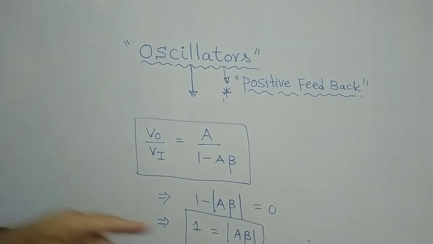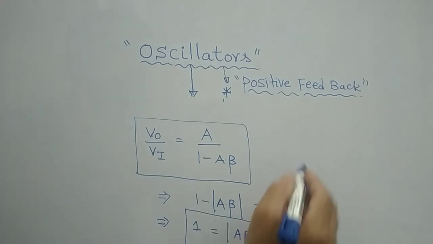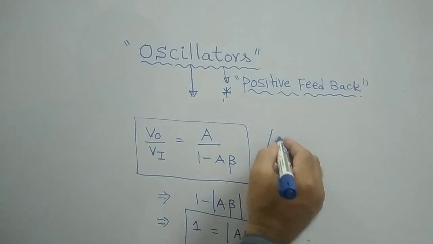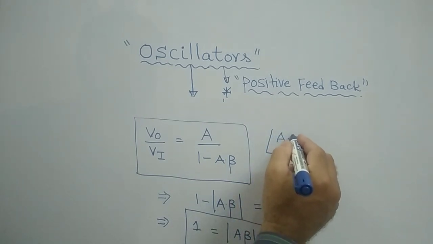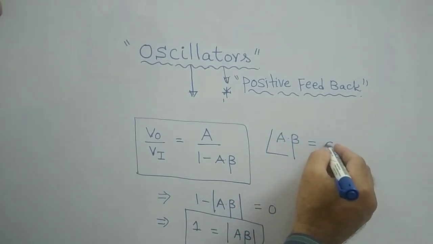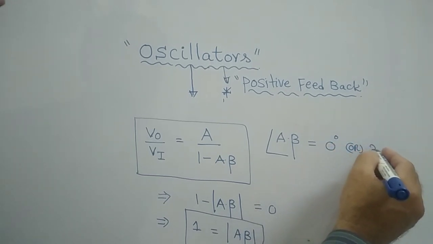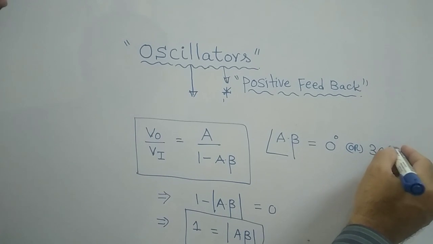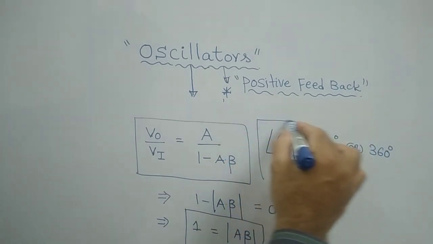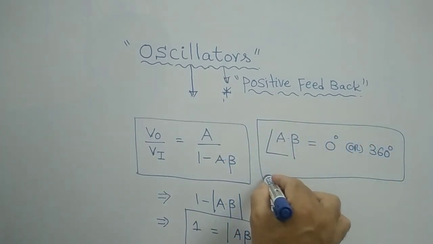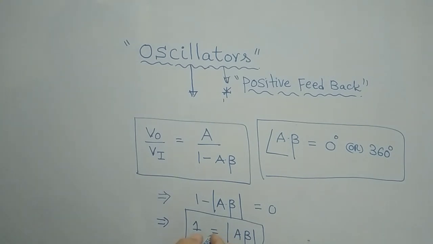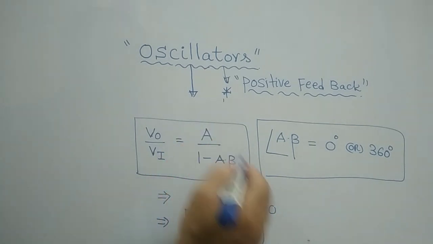The loop gain, means the product of A into beta, must be equal to 1, and if you take the angle of A into beta, it must be 0 degrees, or otherwise it is 360 degrees. These are the two conditions that we can obtain from this particular important relation.